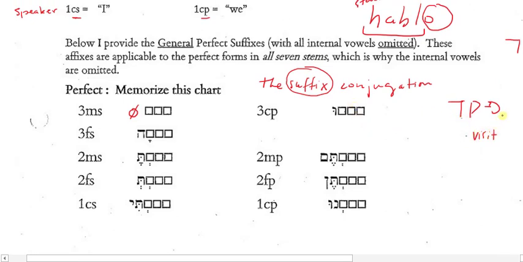This has to do with the notion of visiting. So if I have Pei, Kof, Dalet and no ending, who did the visiting here? He. Some masculine singular entity.